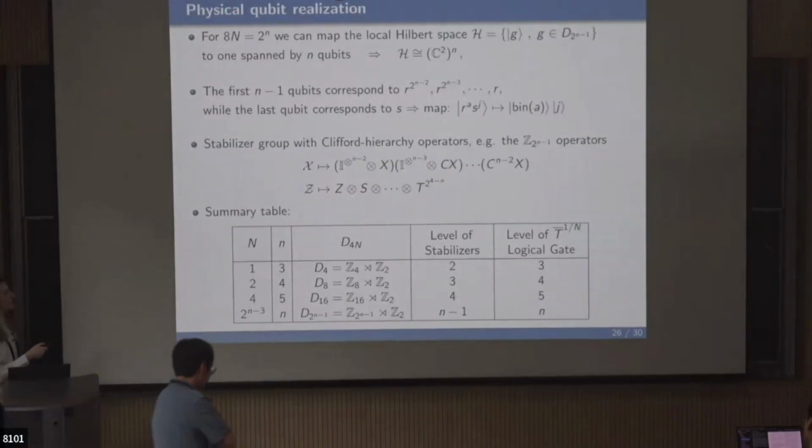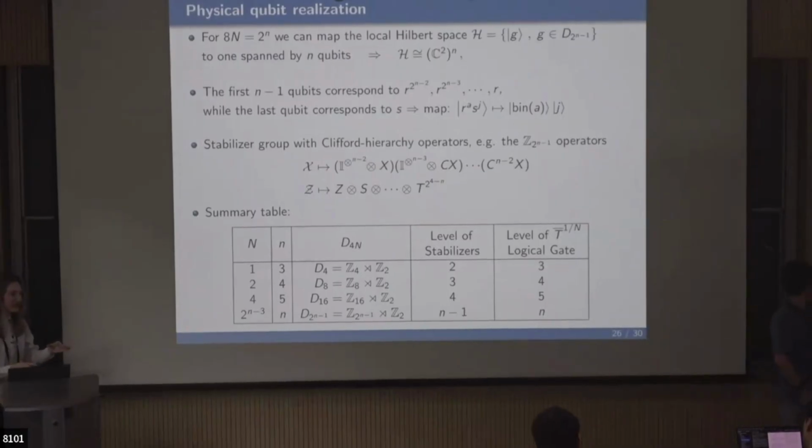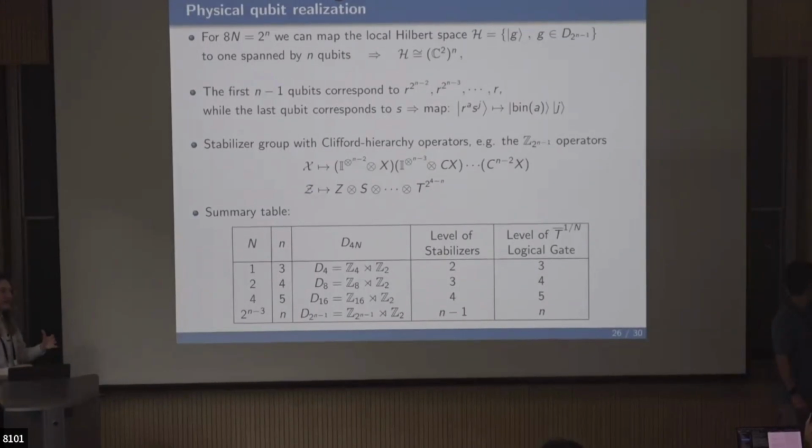When we do this mapping, we still remain in 2 spatial dimensions. We're just putting more qubits on each edge of the lattice. We're not going to higher spatial dimensions. We remain on a 2D lattice. We don't have to layer it.